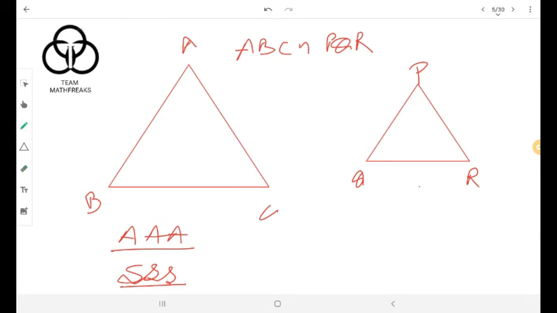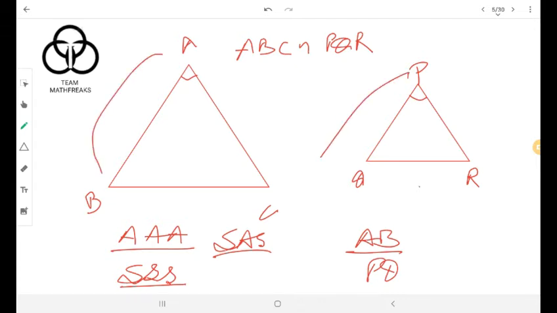Then we have SAS criteria. One included angle and two sides are proportional. Suppose this angle is equal and AB by PQ equals AC by PR.